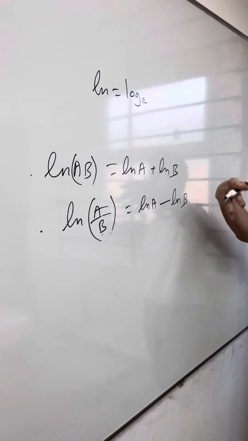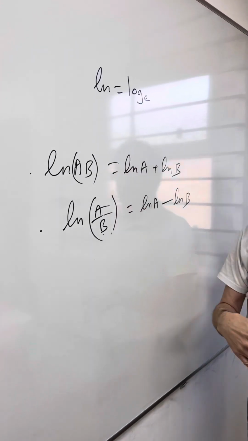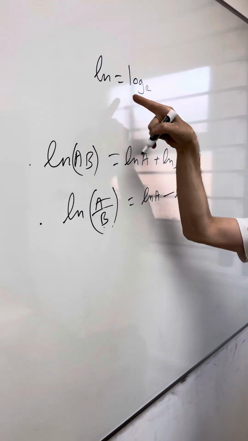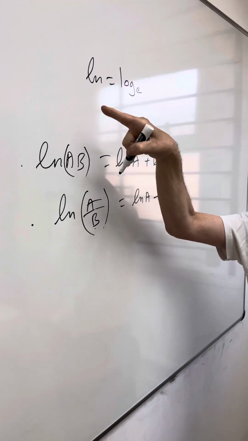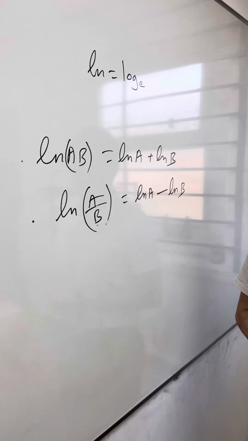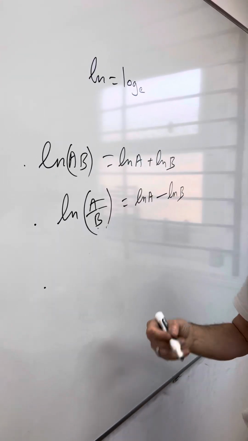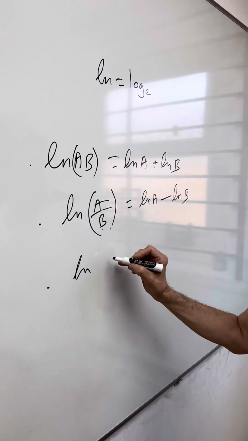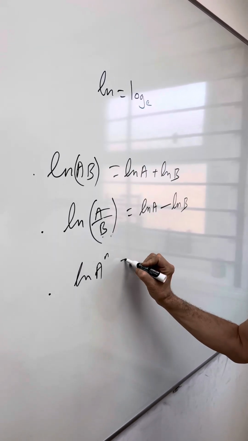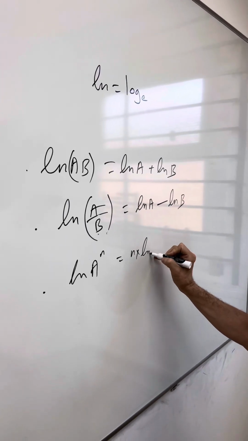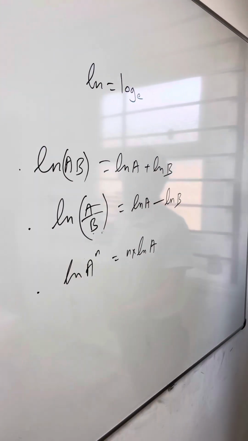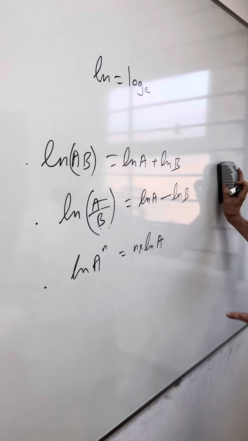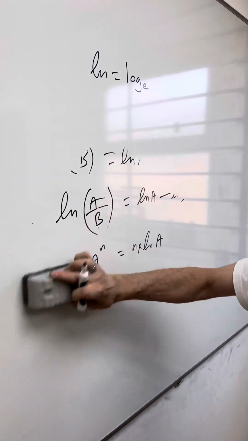These generalizations are true for any log, but because we're dealing with log to base e, we'll put ln. ln is short for log to base e, which can also stand for natural logs, because e occurs quite often in nature and solving problems, so we call it a natural log. And log of a to the power of n equals n times ln of a. Remembering these generalizations, we're going to use one or more of these to solve that particular problem.